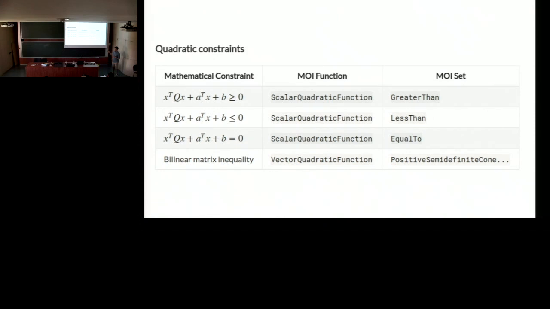It could be any vector valued quadratic function. Take a set of quadratic functions, stack them into a vector, and say that this vector has to belong. When you rearrange the vector as a matrix, you say that you want this matrix to be positive semi-definite. So you can also represent matrix-like functions or variables as a vector of that.